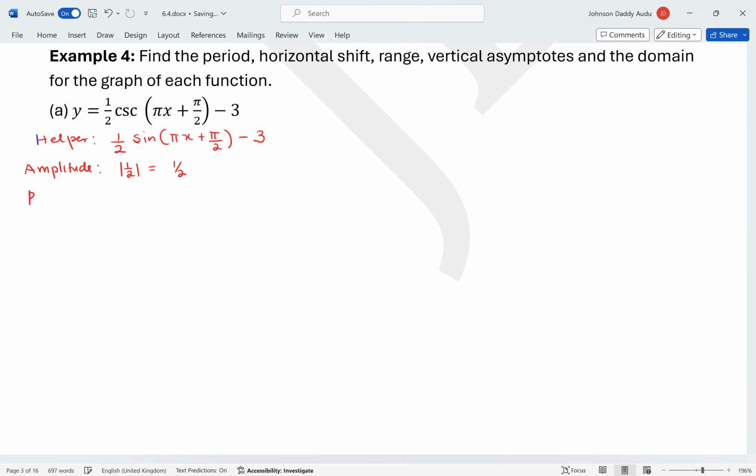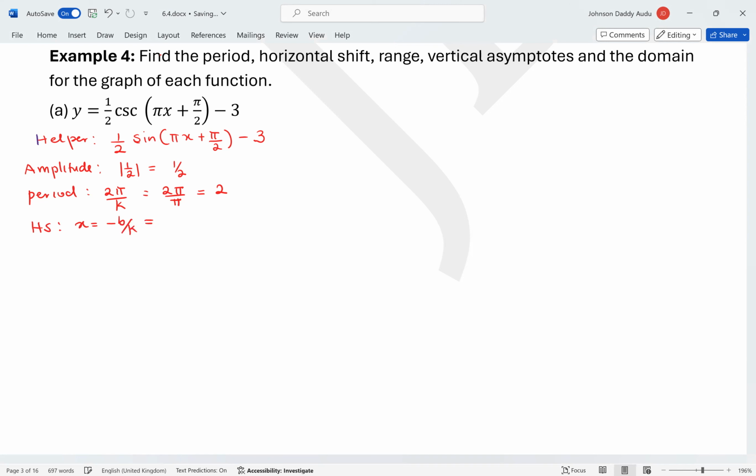The period is 2 pi by k, which is 2 pi over pi, and this equals 2. We have a horizontal shift, which is x equals minus b over k.